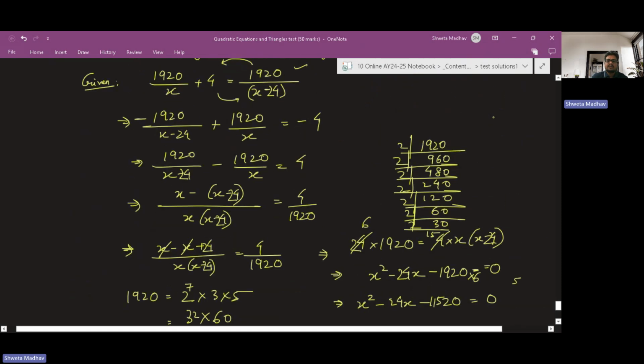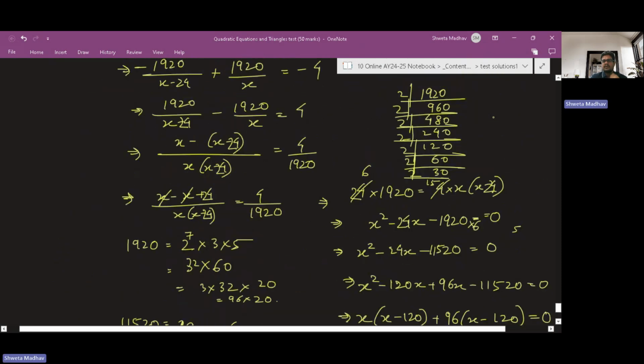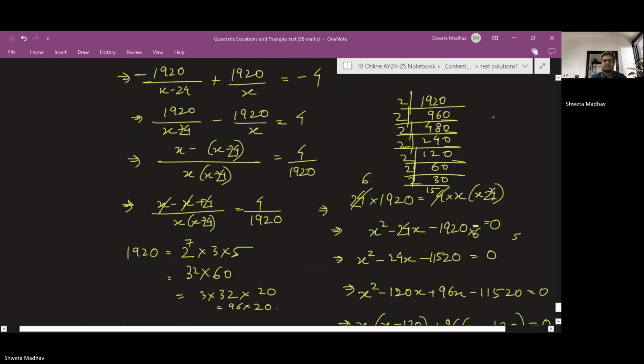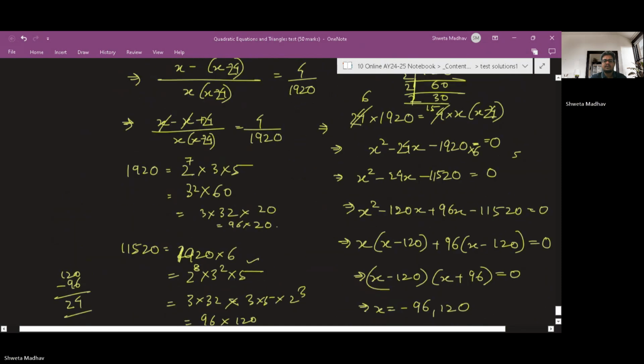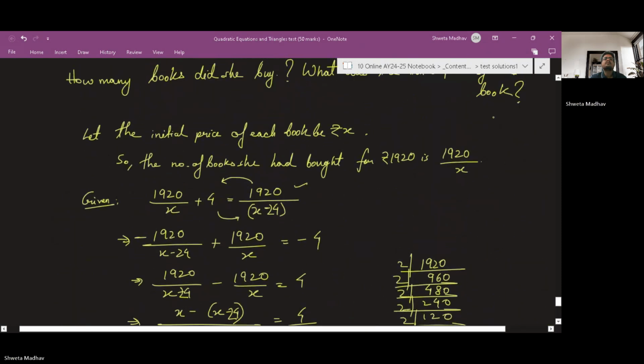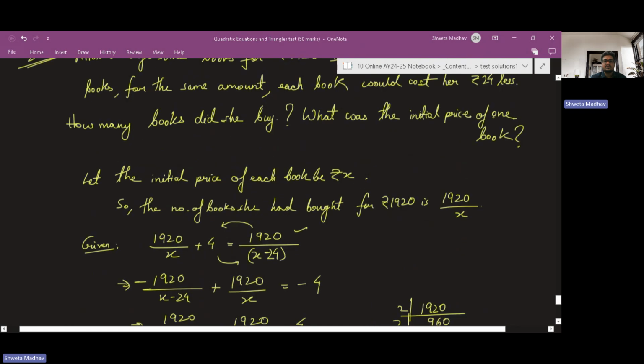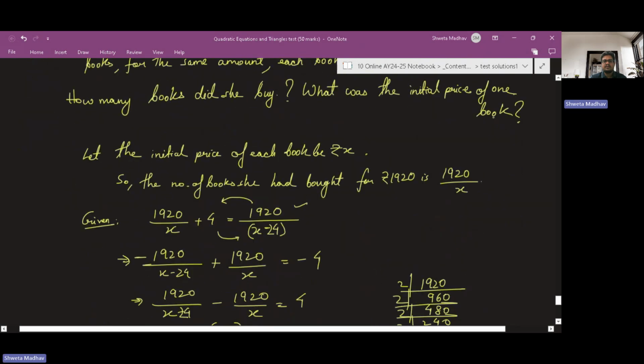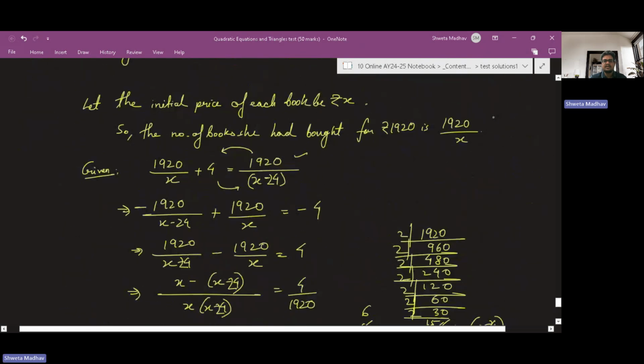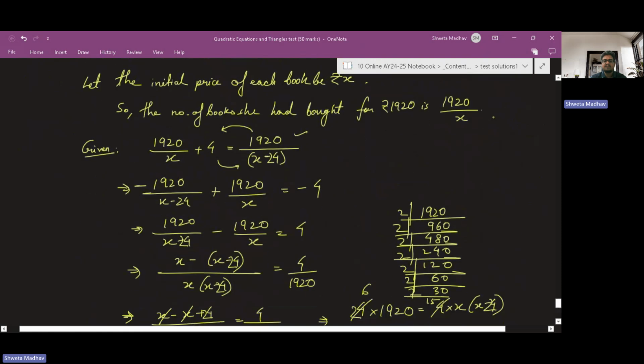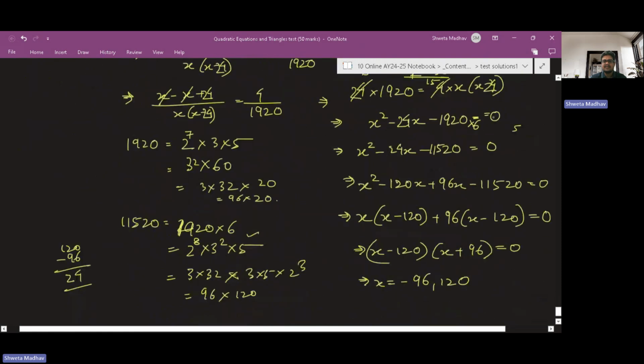So x equals minus 96 and 120. It means x can't be negative since the price of a book can't be negative.